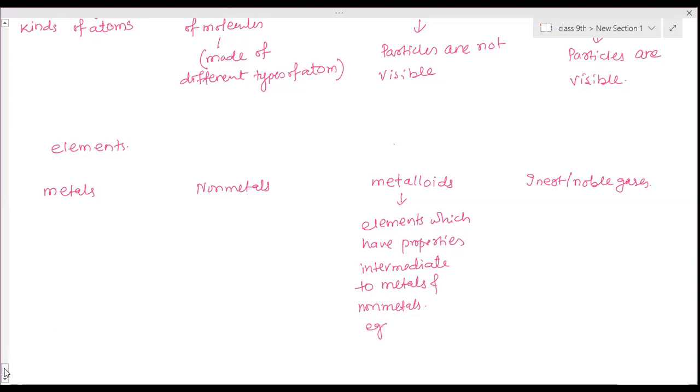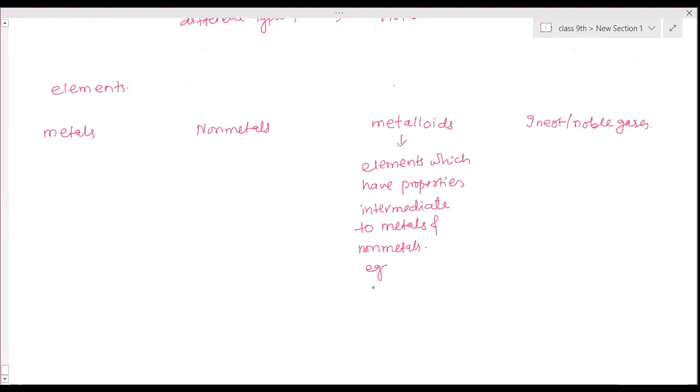Examples: silicon, germanium, boron, arsenic, polonium. Bismuth is also a metalloid. Radium is not.